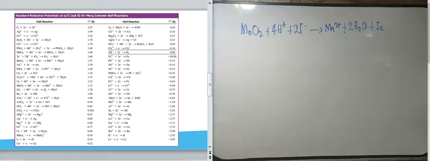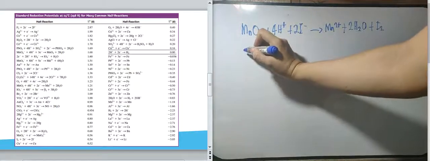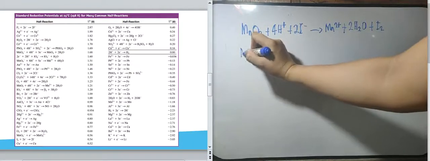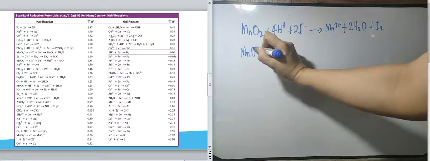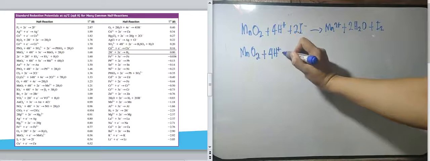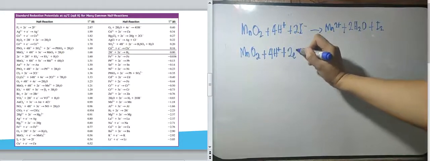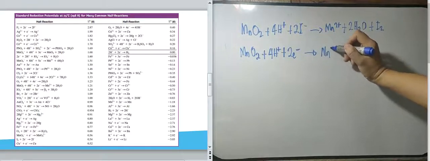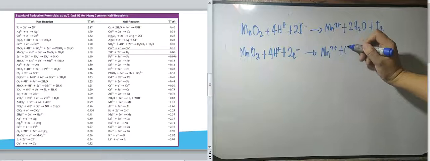So we have here an example, letter A. Based on the table, we can see that we have this for our reduction, plus H2O.